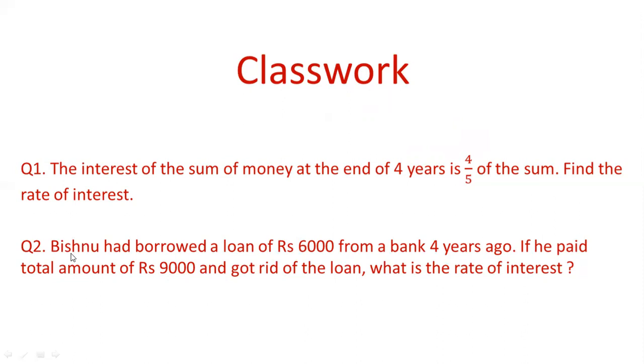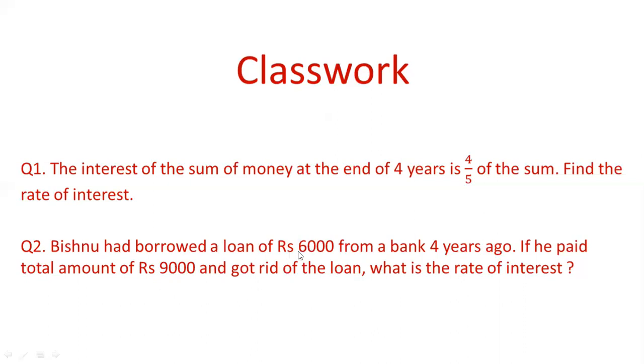Similarly, Vishnu had borrowed a loan of rupees 6000 from the bank, that means principal is 6000, 4 years ago, that is time. If he paid a total amount of rupees 9000 and got rid of the loan, that means this is the amount. When the amount is paid, our loan will be cleared. Whatever we have borrowed will be cleared. That 9000 is the amount, and 6000 is the borrowed money, the principal.